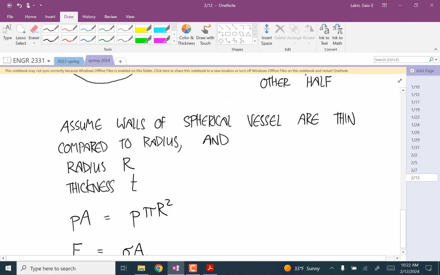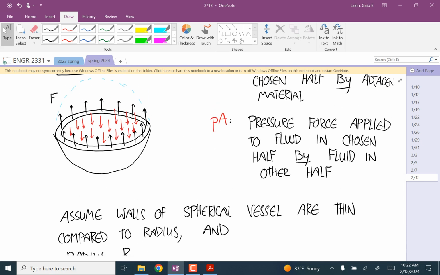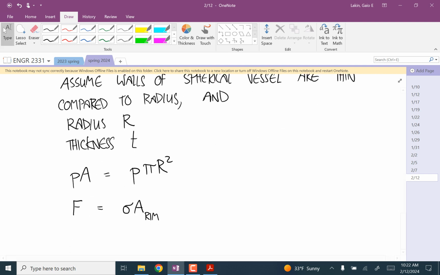Okay, so what's the area of that rim going to be? If you imagine taking that thin-walled circular shape and breaking it at one point and stretching it out, you can think of it as a long rectangle. So this is going to be sigma times the perimeter, which is 2 pi r times the thickness.